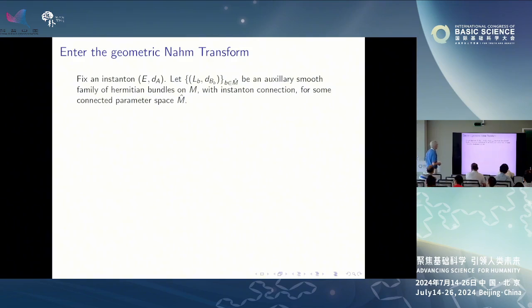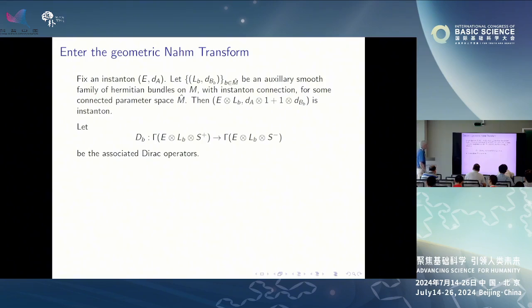And I said connected parameter space; I might want to withdraw that in a minute. Anyway, you can couple the connections together, and E tensor L_B then gets an instanton connection, inherited from the connections on the two factors.